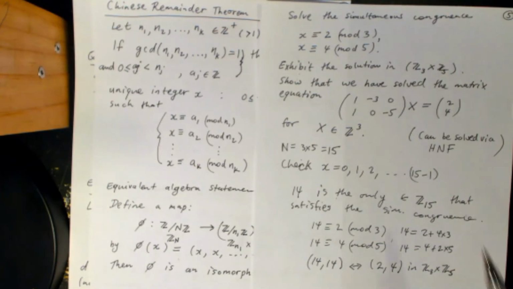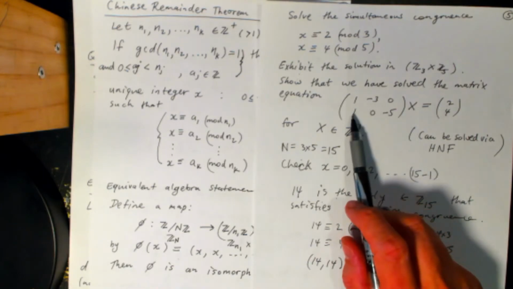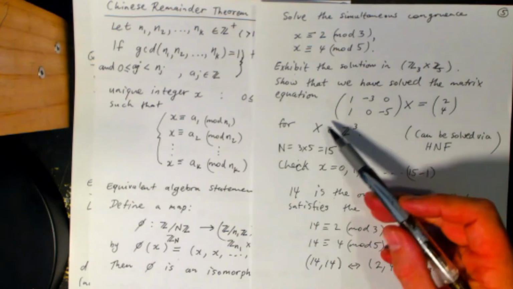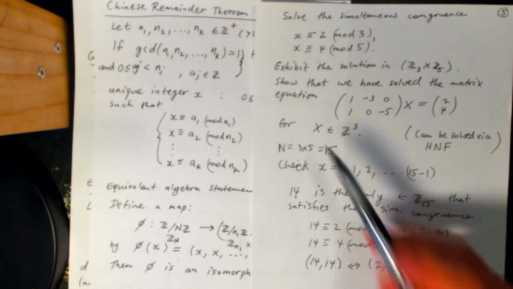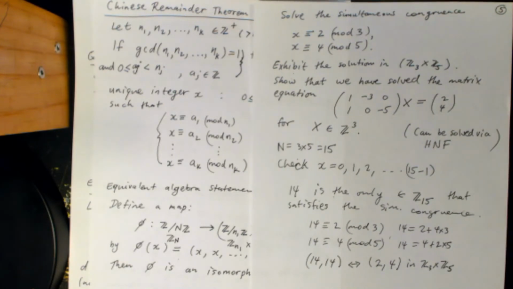All right, now show that we have solved the matrix equation [1, -3, 0; 1, 0, -5] x = [2, 4] for triples of integers. And note that this can be solved by the Hermite normal form, and I'll talk about that in a moment.